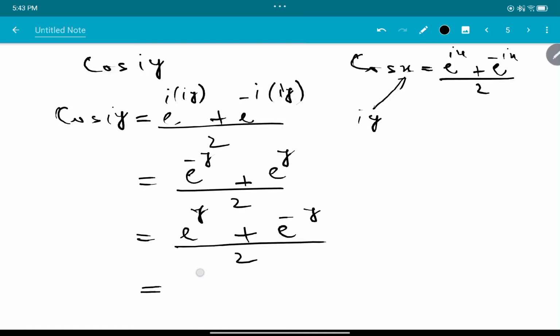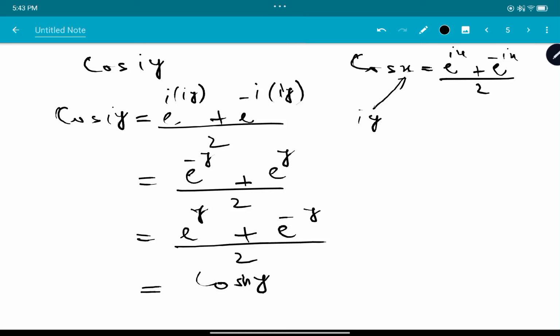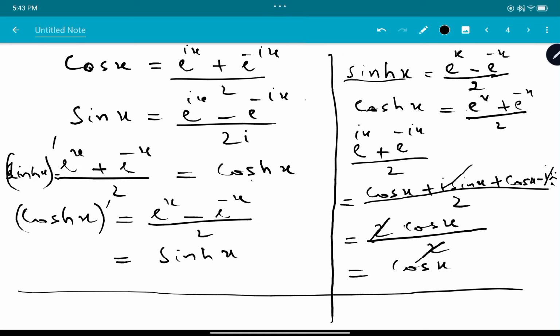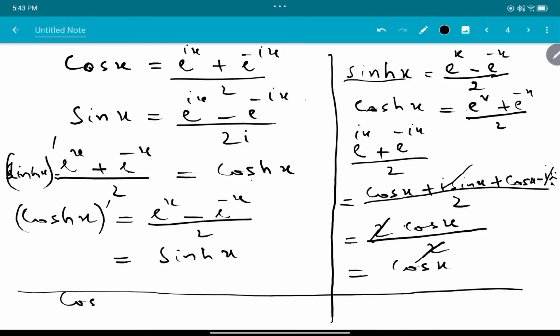What do we conclude? I have shown that cos iy is equal to hyperbolic cos y.